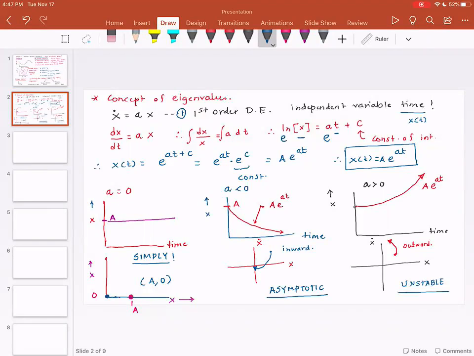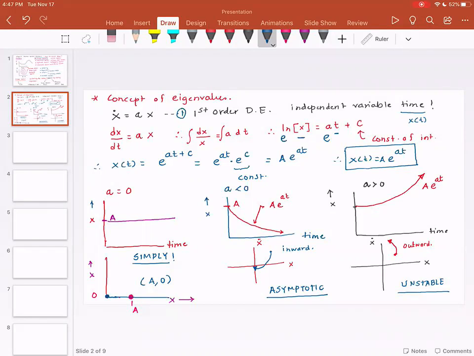So before we get into the stability, this is super important. Now what I want you to understand is in this entire thing, the sign of A made all the difference. What it means, when A was 0, the system was simply stable.